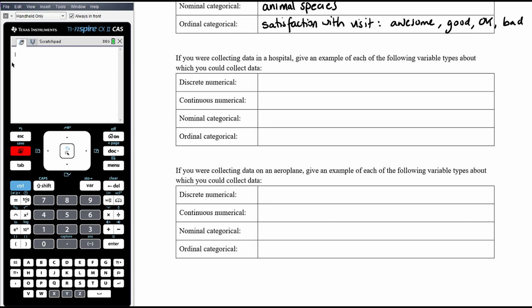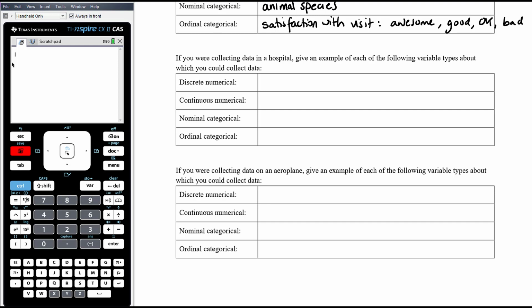And what might be an example of a discrete numerical variable of something that's happening on the plane? Discrete numerical could just be the number of passengers per flight or something like that. Continuous numerical could be the volume of fuel on each flight, or weights of bags, whatever it might be.